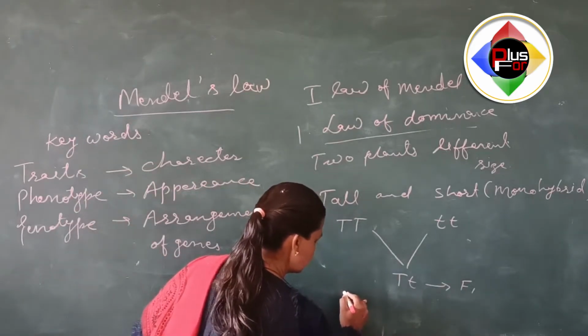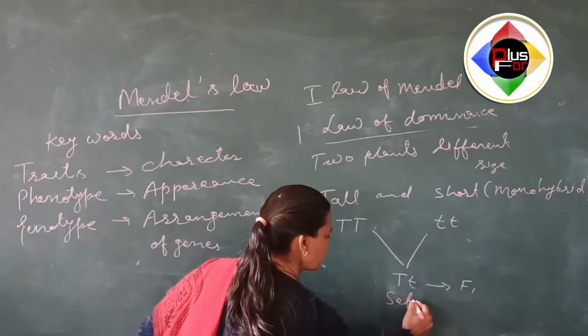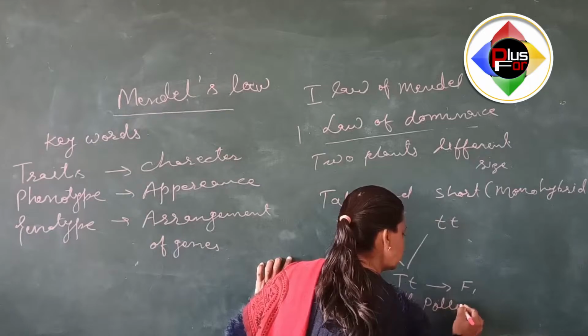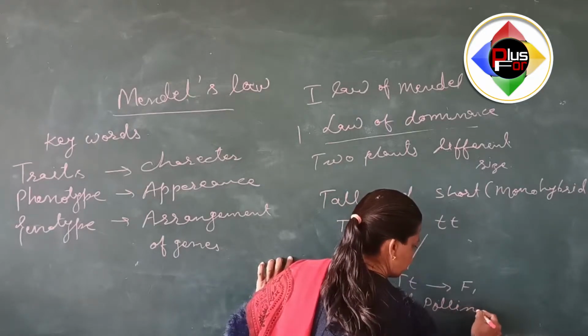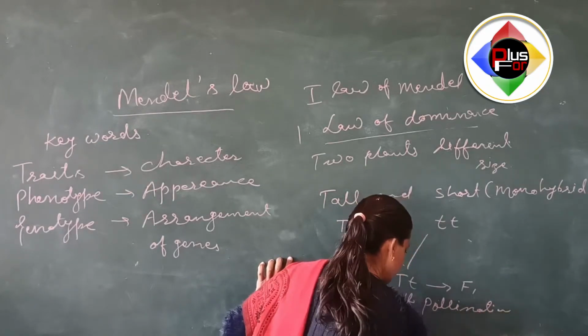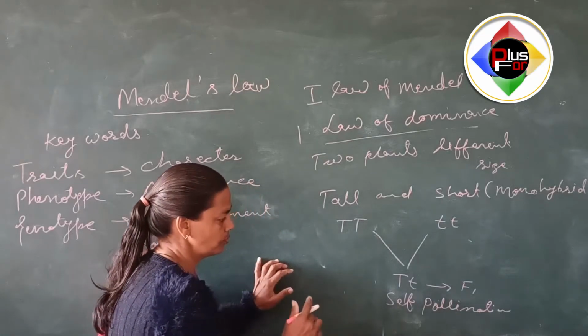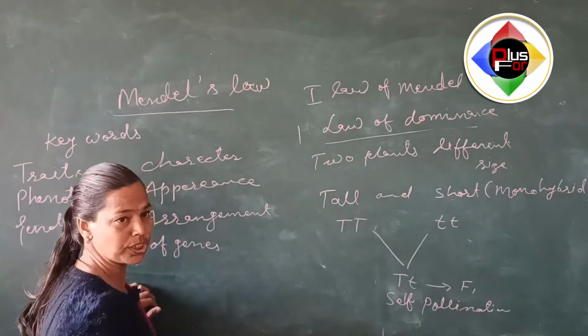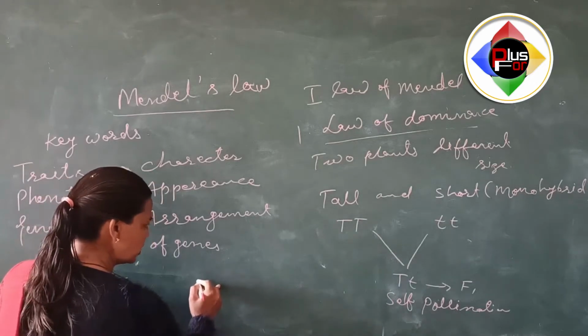In the F1 generation, self pollination or self fertilization is done. From this self pollination we get the F2 generation.